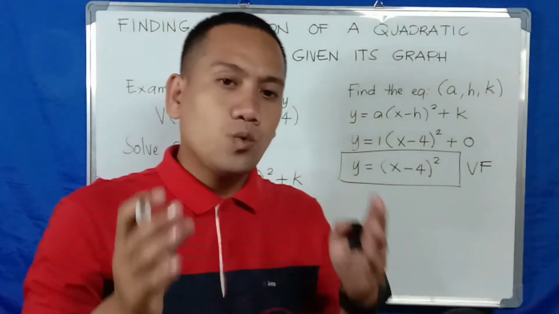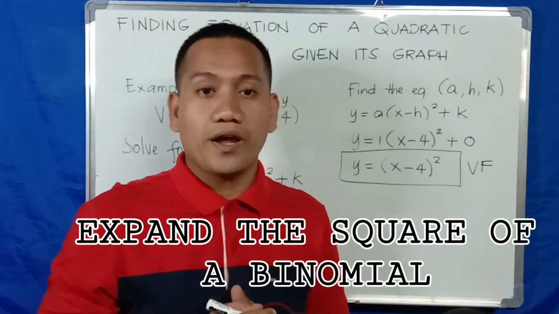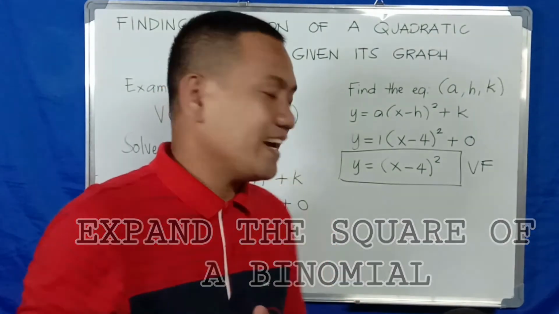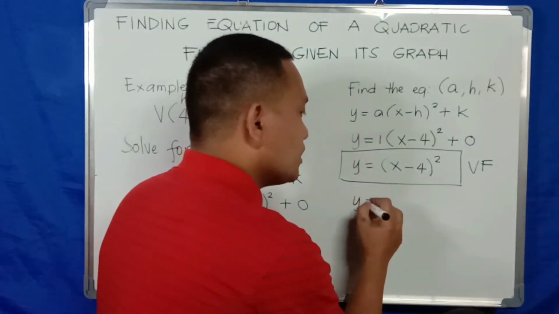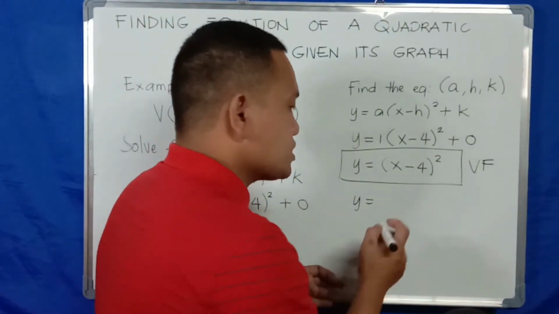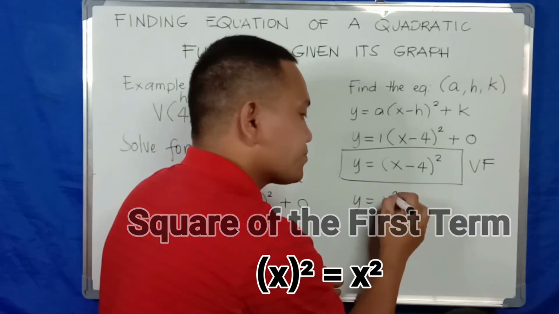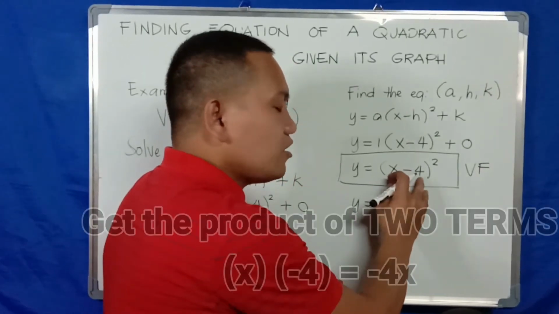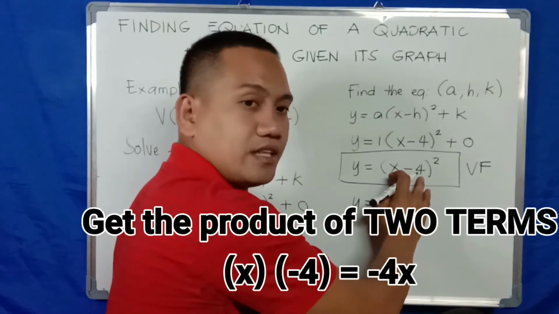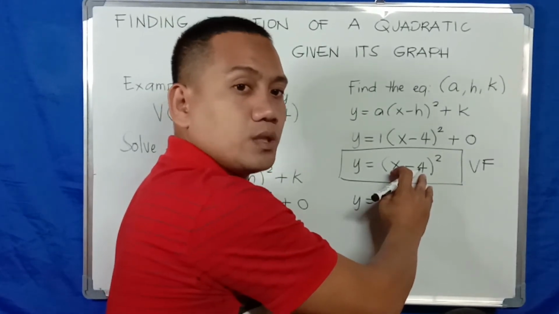And to write this one in general form, all we need to do is to expand our square of a binomial. And that is y equals, expanding our quantity x minus 4 squared will lead us to the square of our first term, that would be x squared. Get the product of two terms, x times negative 4, we will have negative 4x. And this product will be multiplied by 2.